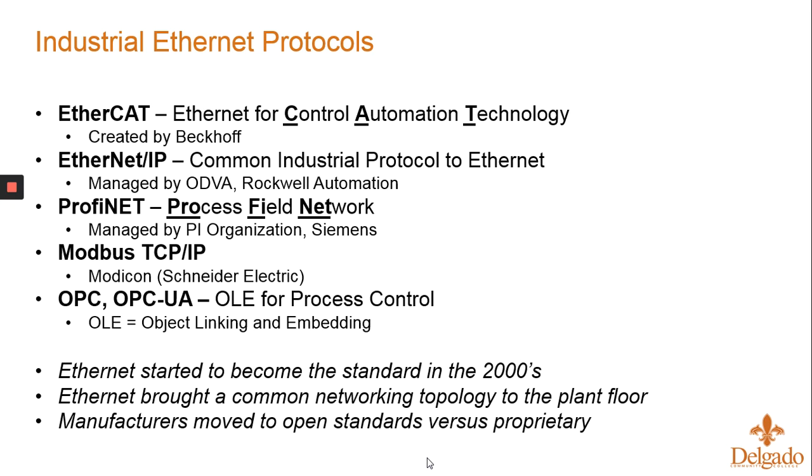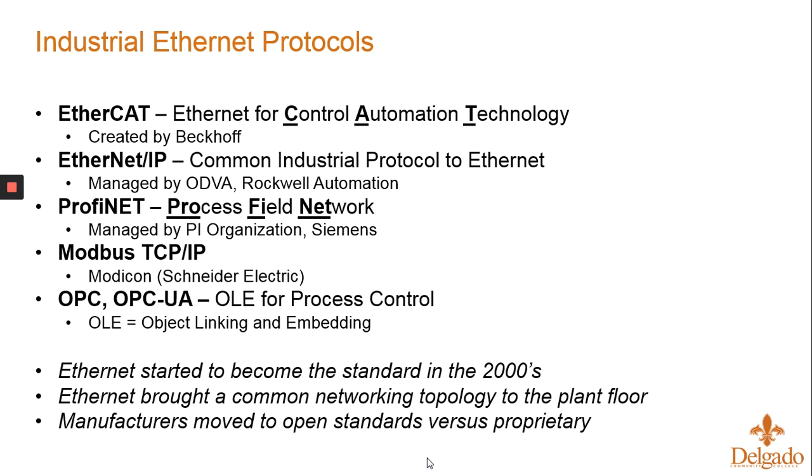Just like anything else, we have protocols that work on the Ethernet network. Ethernet networking is the physical layer: the wires and the switches and the topologies. We still have to have a protocol that gets transmitted on that physical layer.